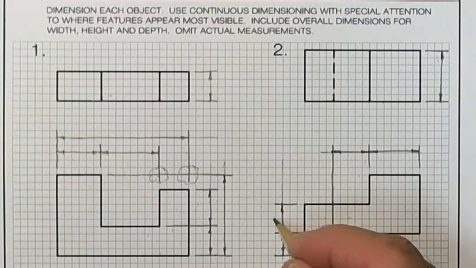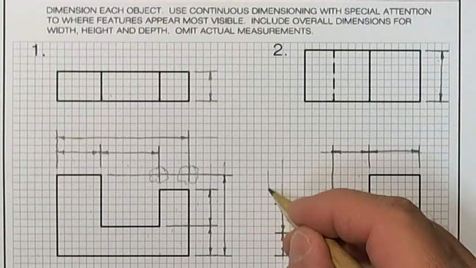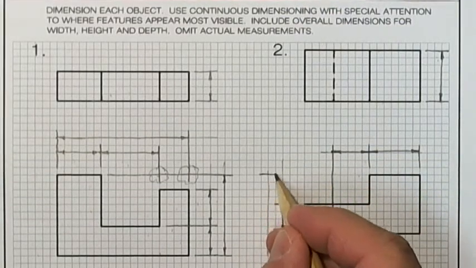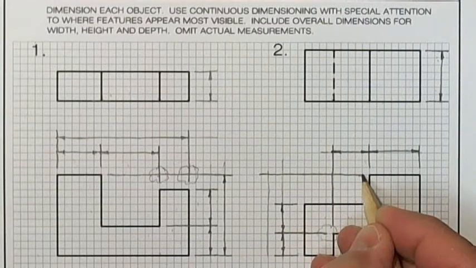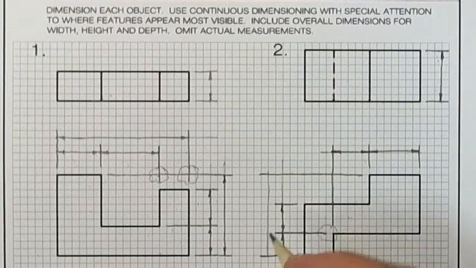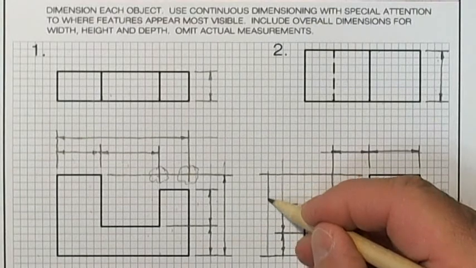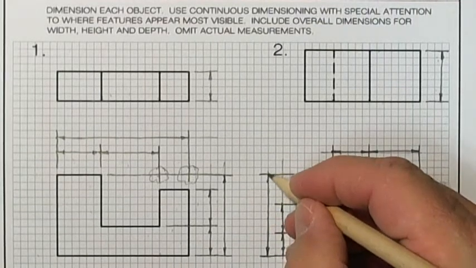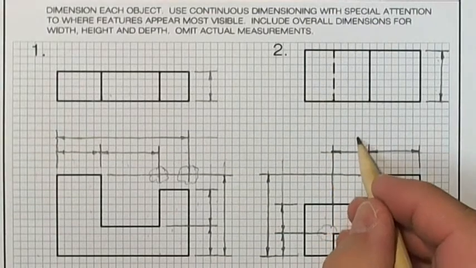So I'll move out 1, 2 more grids, using those for a guide. Here's my overall height. 1, 2.